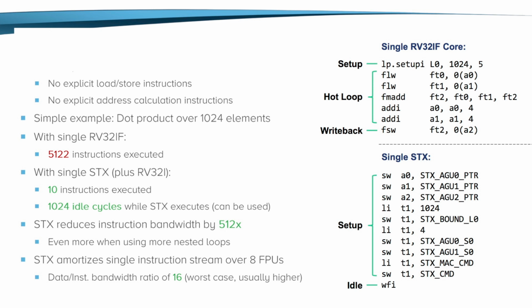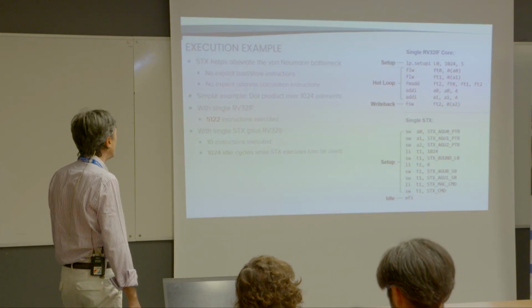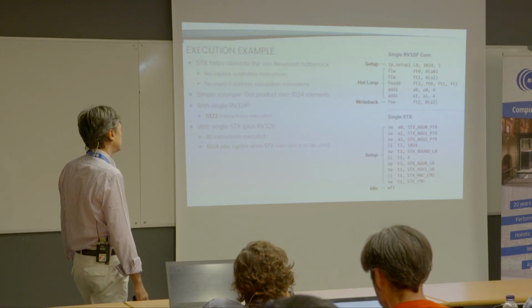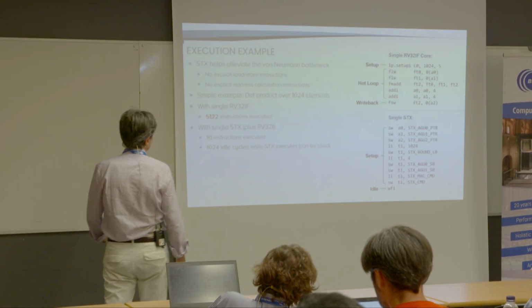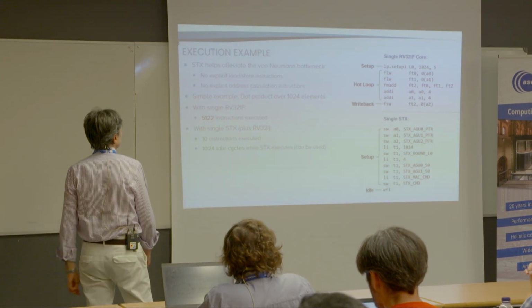And so overall, you need to execute 10 of those store instructions in order to program your STX unit, and then the unit operates for 1024 cycles. That is a considerable performance gain with respect to the original one.